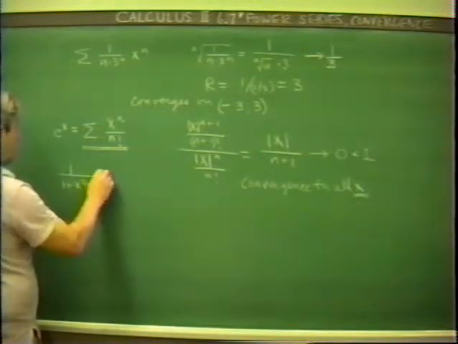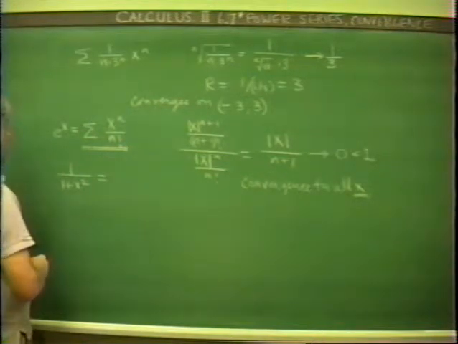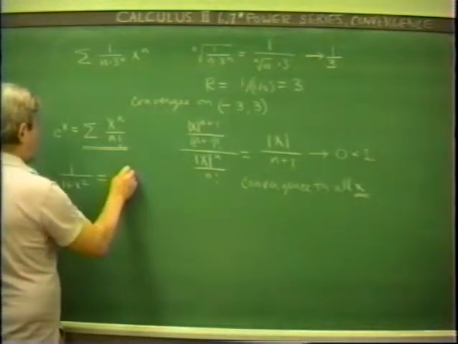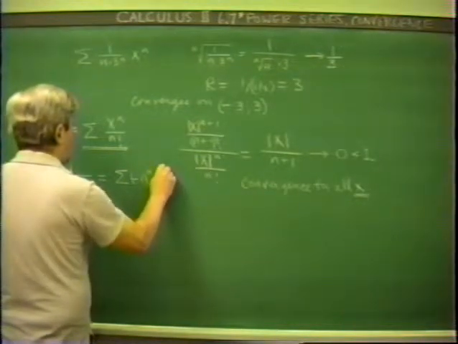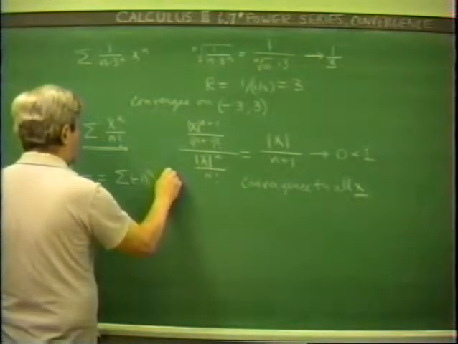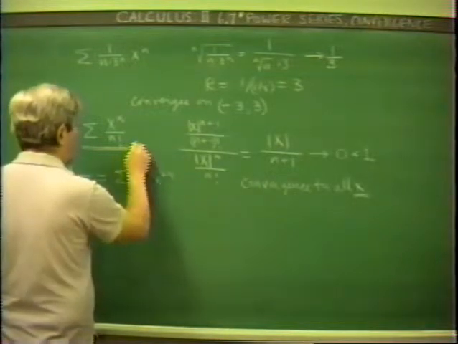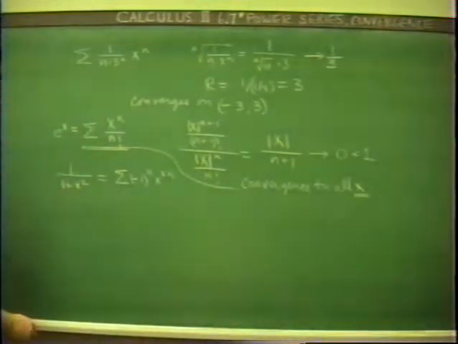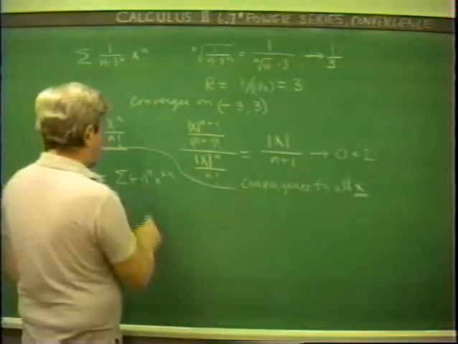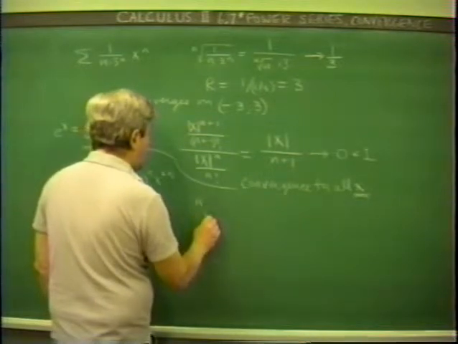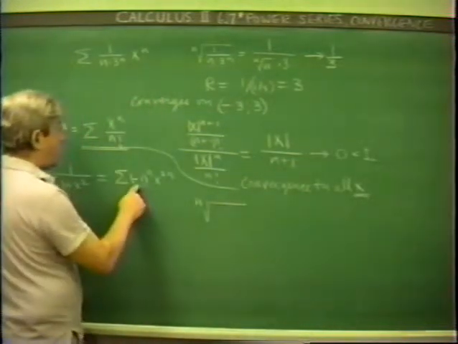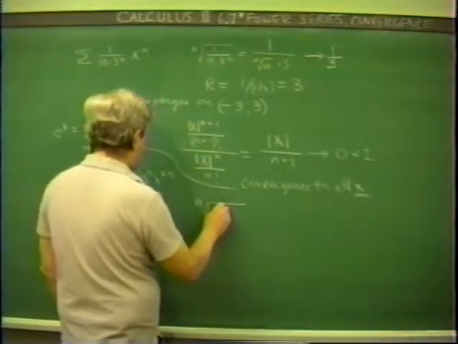Let's look at 1 over 1 plus x squared. If we do the Taylor series on this, we'll see that this is equal to the sum of minus 1 to the n, x to the 2n. We want to know when this converges. So here, let's take a look at the nth root of the absolute value.